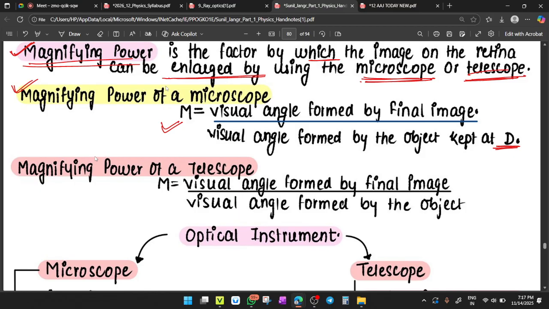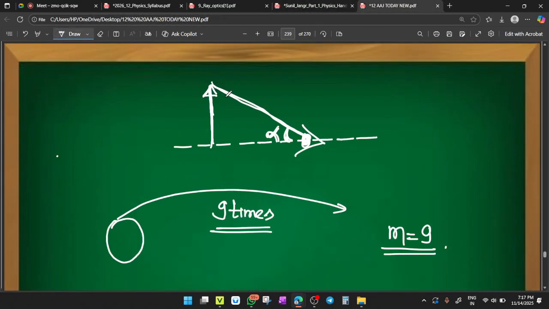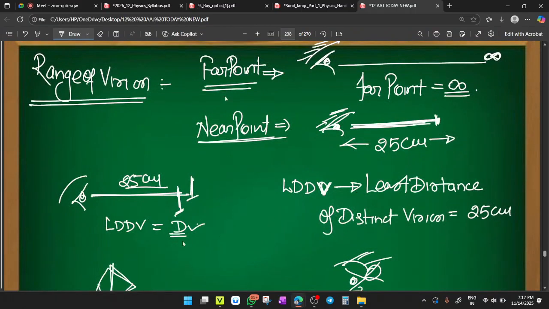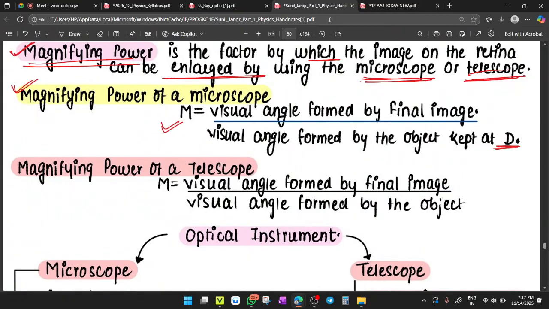Students, D means here the least distance of distinct vision. Capital D, as I said, is the symbol for the least distance of distinct vision. Clear? So the object has to be at the least distance of distinct vision.